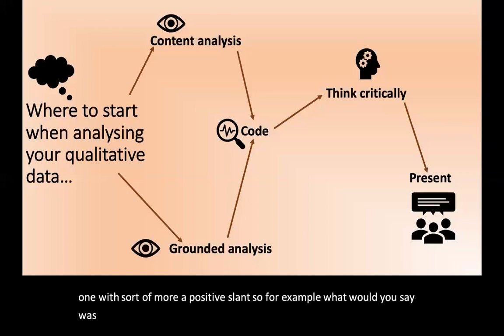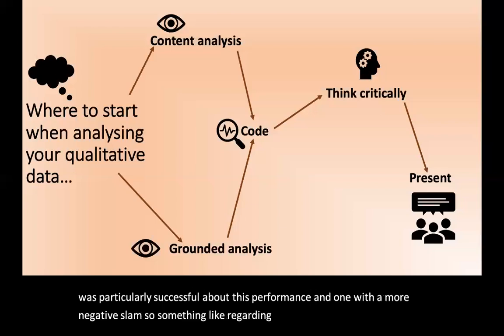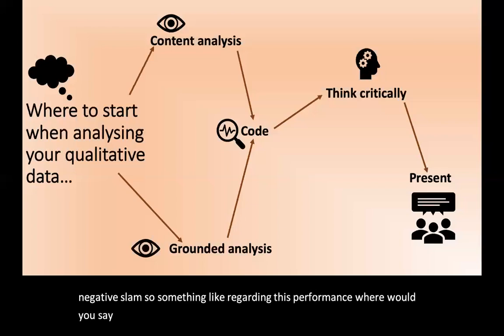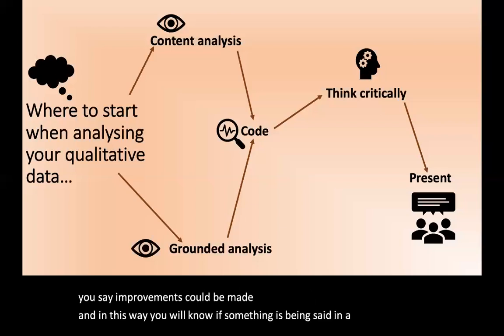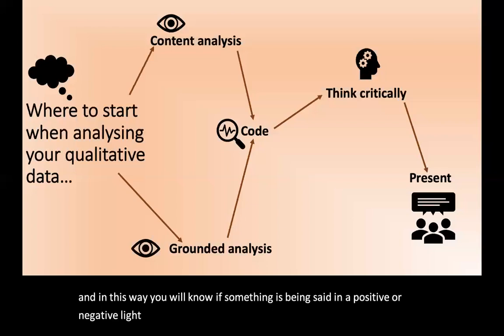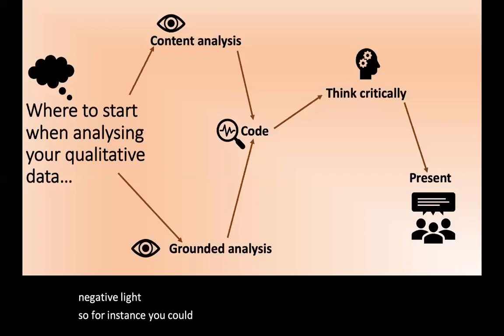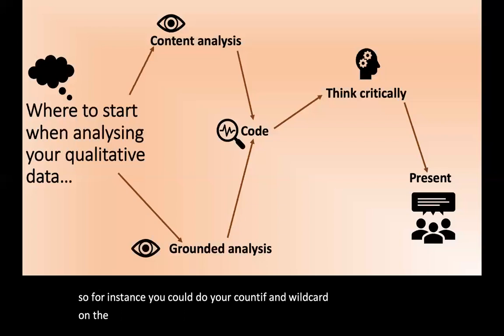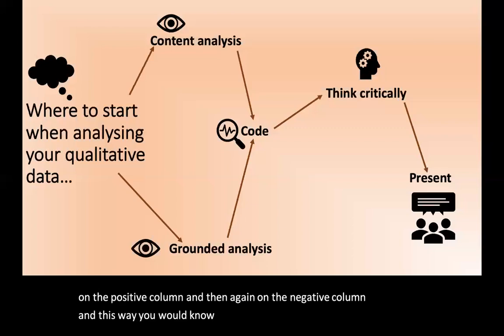And one with a more negative slant. So something like, regarding this performance, where would you say improvements could be made? And this way, you'll know if something is being said in a positive or negative light. So for instance, you could do your COUNTIF and wildcard on the positive column, and then again on the negative column. And this way, you would know where their responses were coming from.